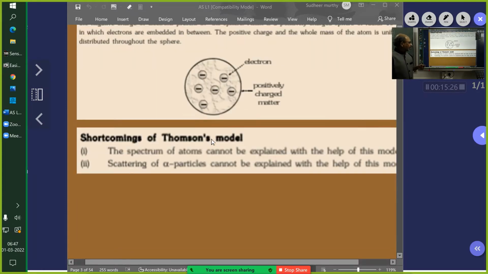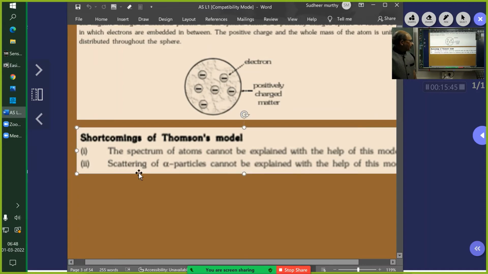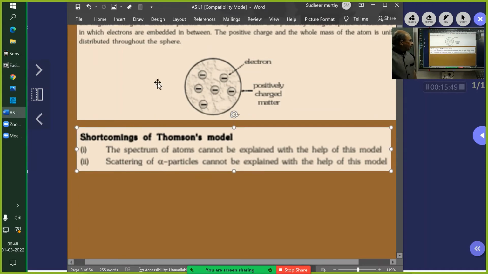Then quickly, the theory was put to challenge. The spectrum of atoms cannot be explained with the help of this model. Scattering of alpha particles could not be explained with this model. I will throw more light on it in the next section.